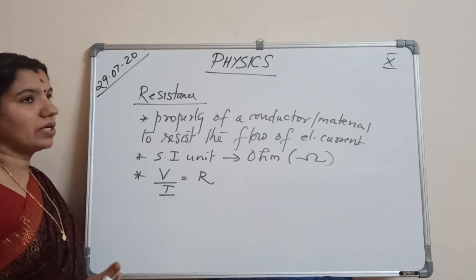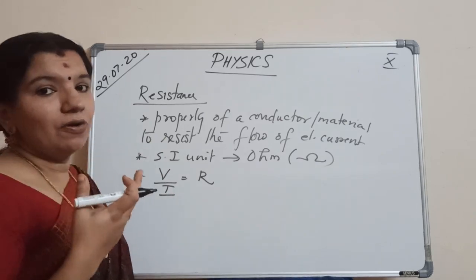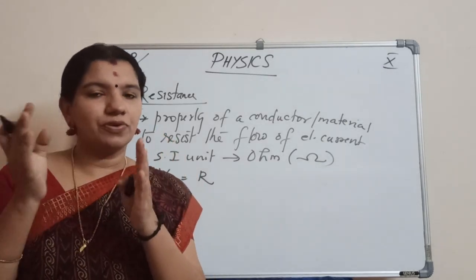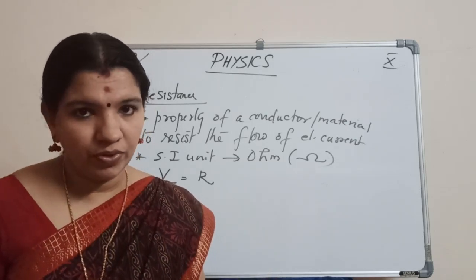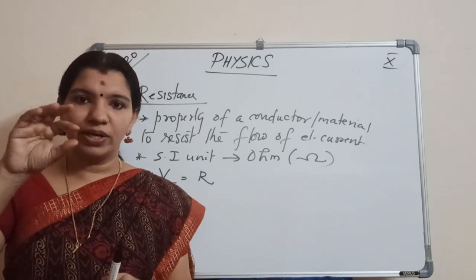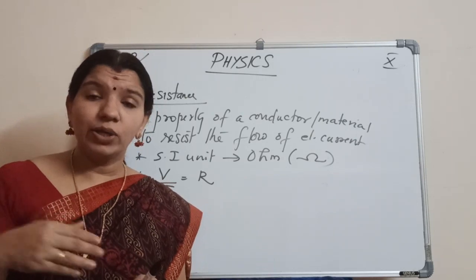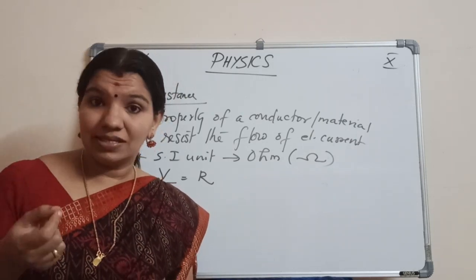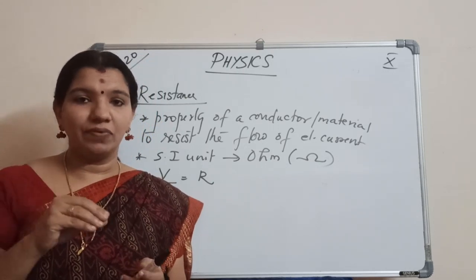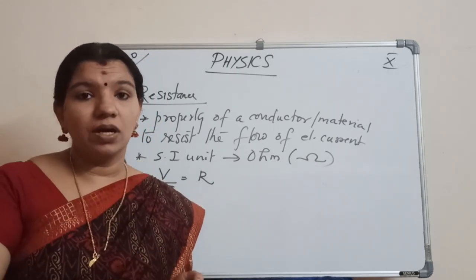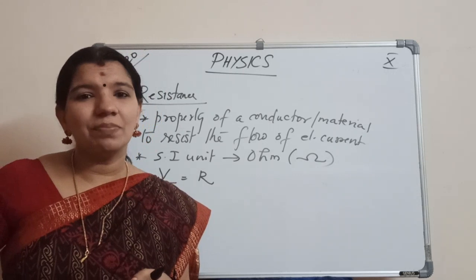But in some circuits, there will be need of some sort of component to increase as well as to decrease the current. When we connect an electric circuit using different components and while doing the experiments, it is necessary to change the current in that circuit. For example, if I want to move from 2 ampere to 4 ampere, there should be some device.